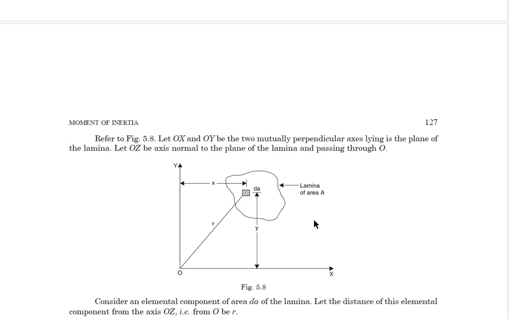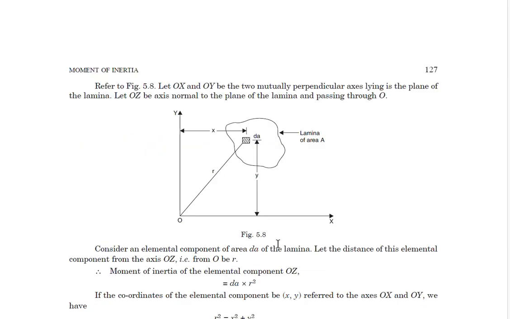So suppose this is the arbitrary area, and you have a small element which is here, and you find the distance from the y-axis and the distance from the x-axis given over here.